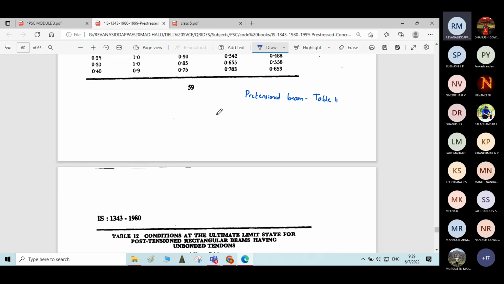If it is a post-tensioned beam with effective bond, then we have to use table 11 only.